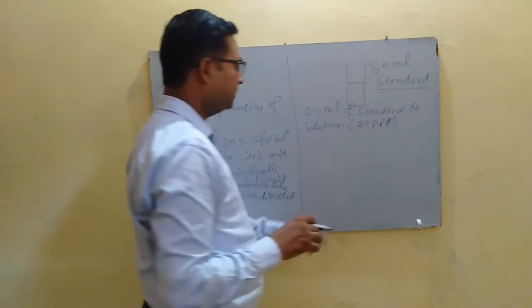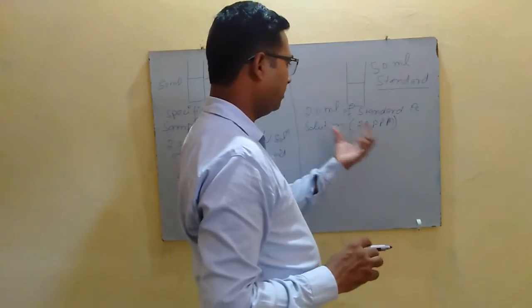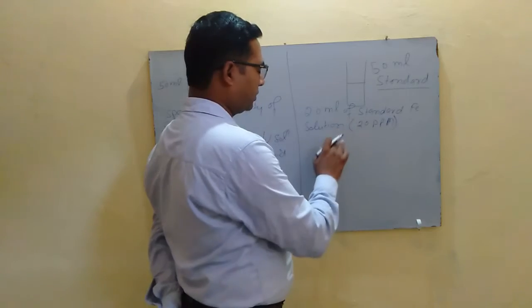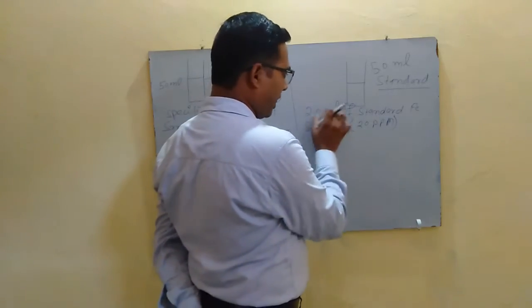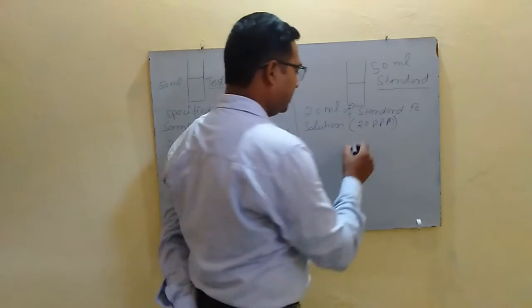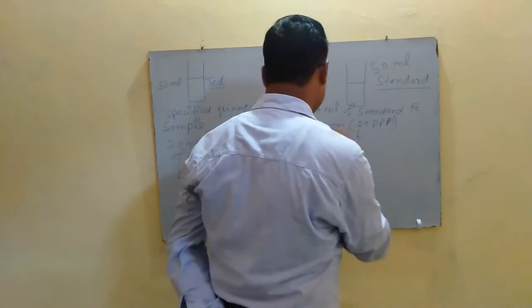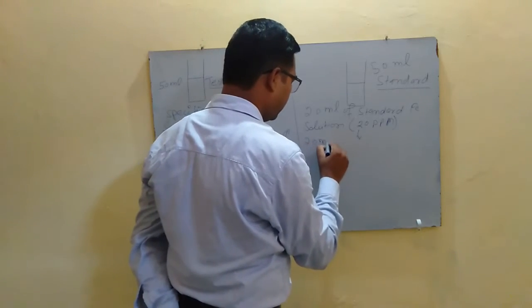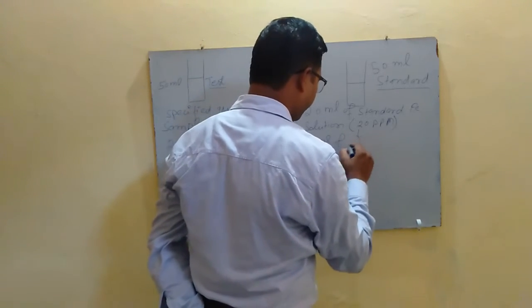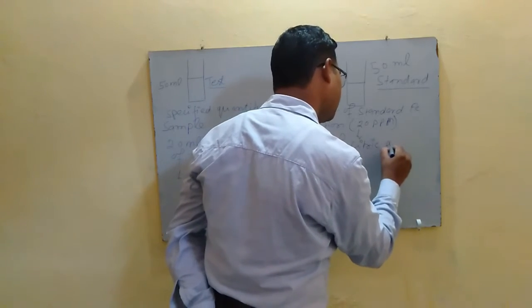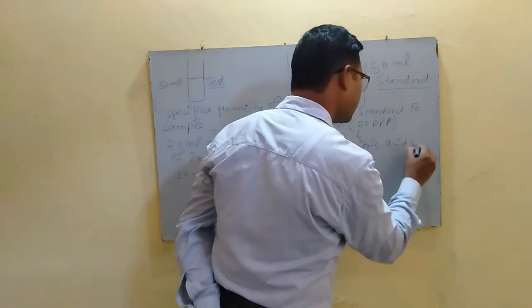I will tell you later how we can prepare the 20 ppm standard solution of iron. Similarly it is added with 2 ml of iron-free citric acid solution.